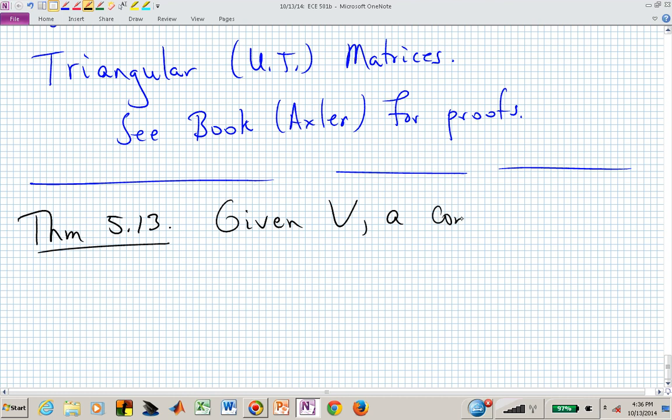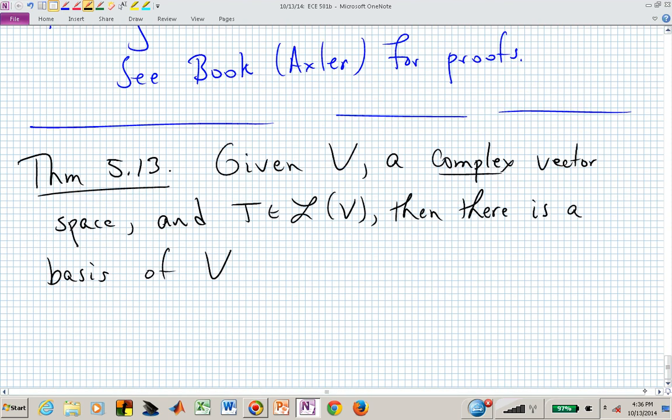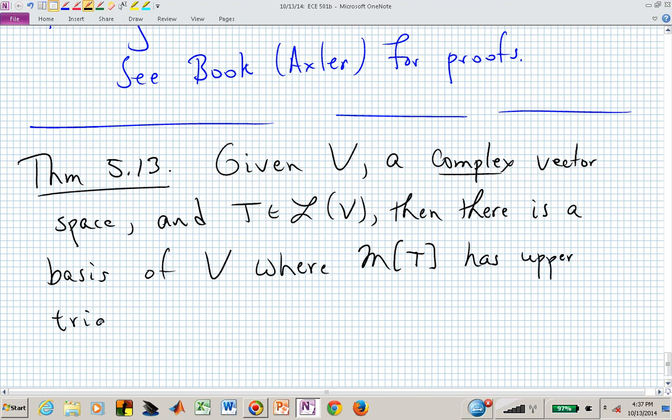Given V, a complex vector space, and a linear operator T on that vector space, then there is a basis of that vector space V where the matrix representation of that linear map has upper triangular form.